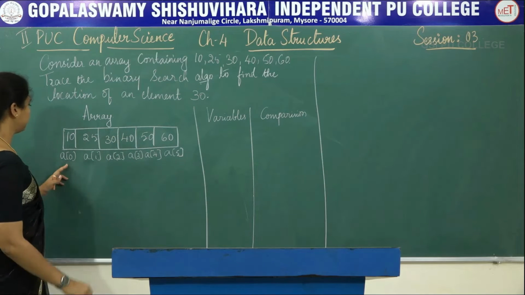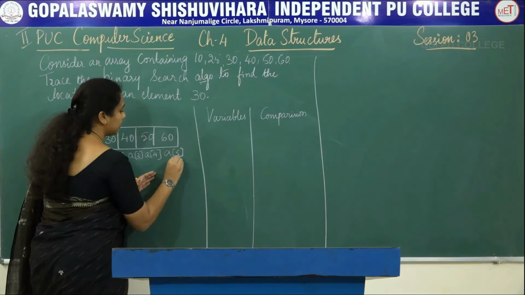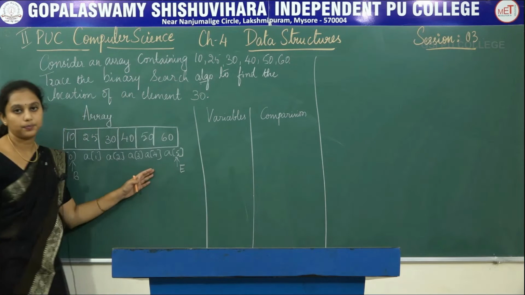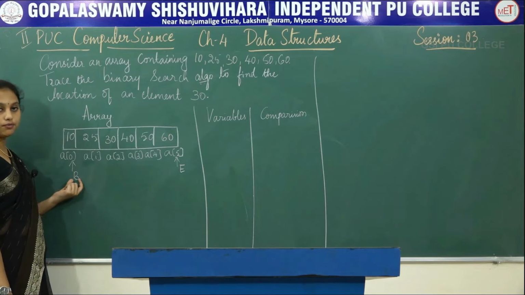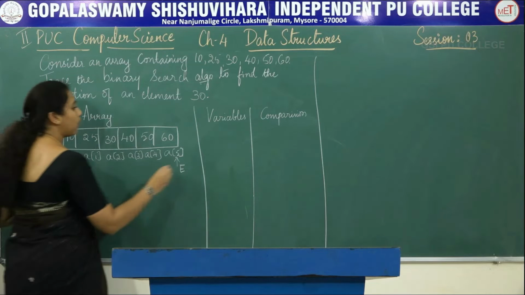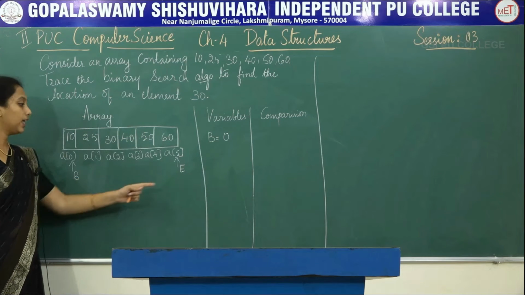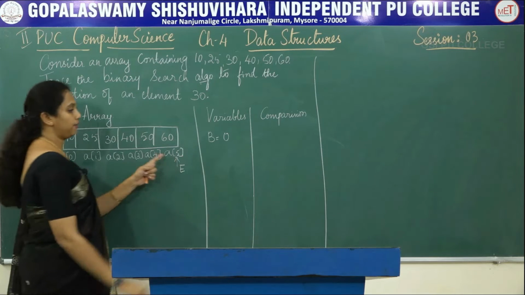So here first we have to mark the beginning as well as the end of an array. So this is the beginning of the array and this is the end of the array. So the value of B is 0 and the value of E is 5.